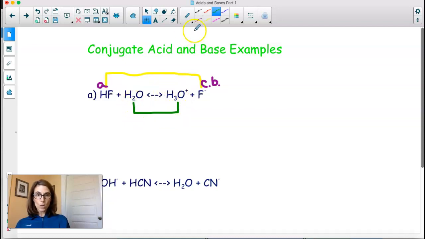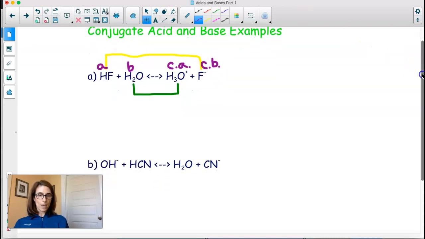So that makes water our base, and H3O plus, which we know as the hydronium ion, is our conjugate acid. So that's all you have to do with these reactions, is you're identifying your acid and your base, and then you're looking at your products and you're identifying the conjugate acid that goes with your base and the conjugate base that goes with your acid.